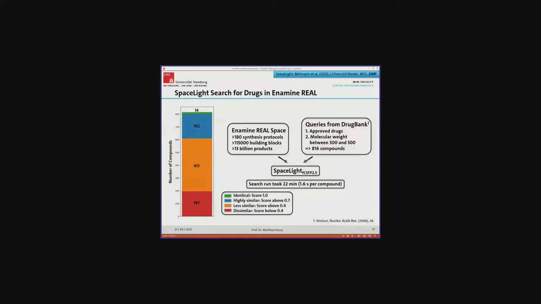Okay, so just as a final remark, you can do interesting things here. This is actually the first time where we looked up, for example, all molecules from DrugBank and saw which molecules appear in REAL Space. You can do this calculation in just a few minutes and basically get an assignment for all molecules in DrugBank with a relationship to Enamine REAL: which ones you can buy, where you have similar molecules, and where you have only low similarity.